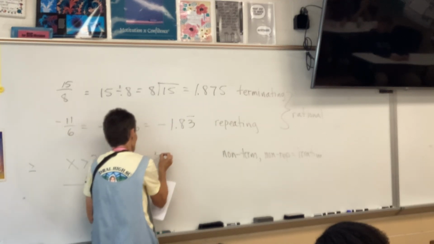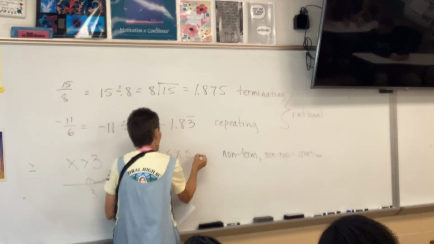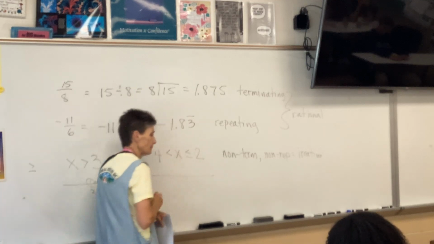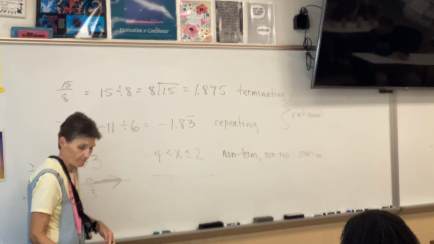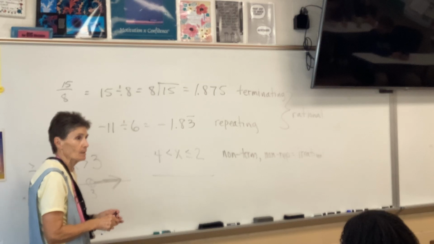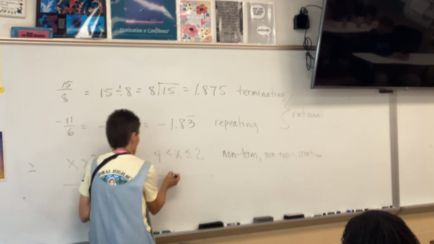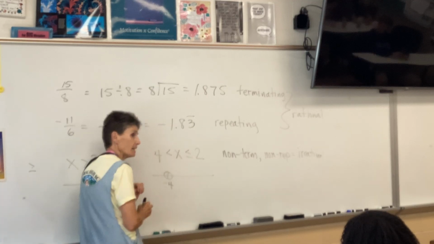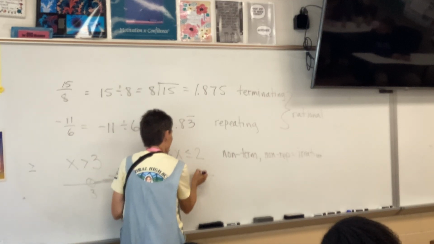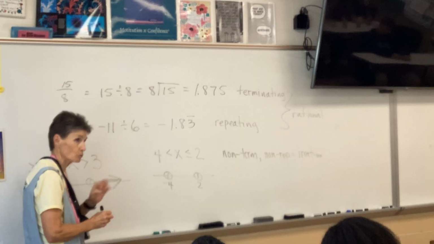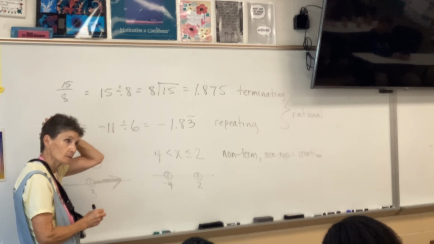How about this one? Can you graph this one on the number line? It has 2 numbers. So we'll have a dot at -4 and a dot at 2. Those are the 2 numbers in the problem.